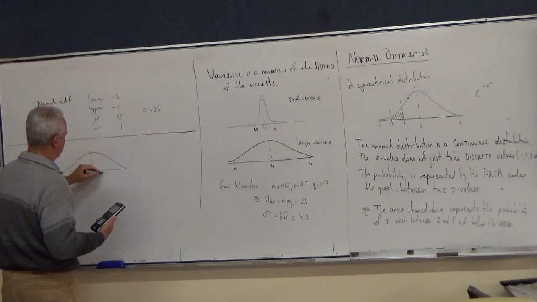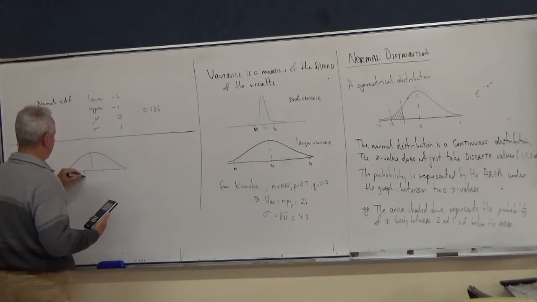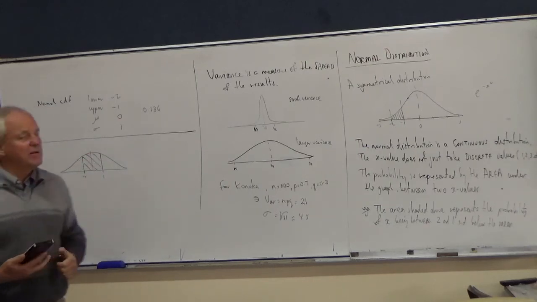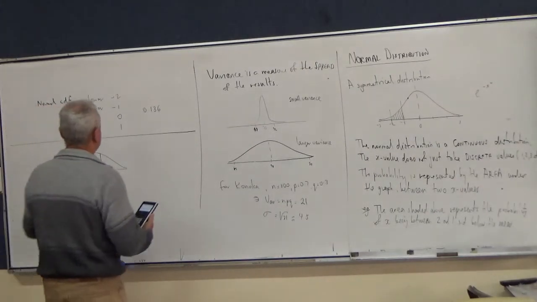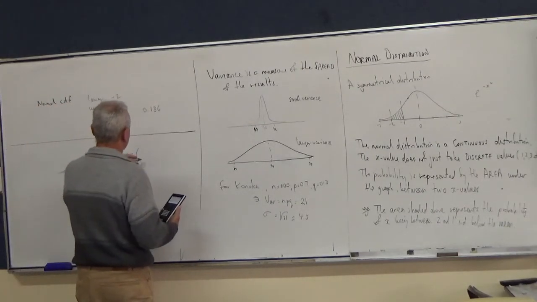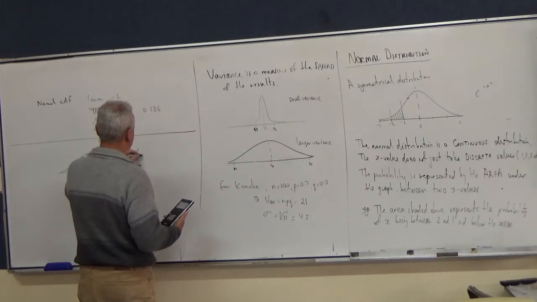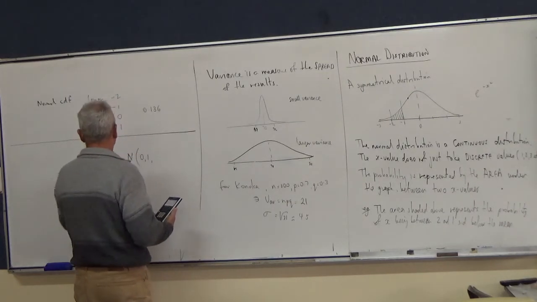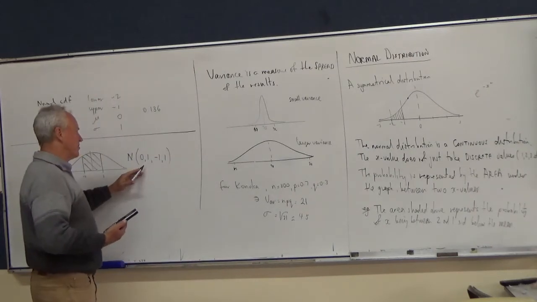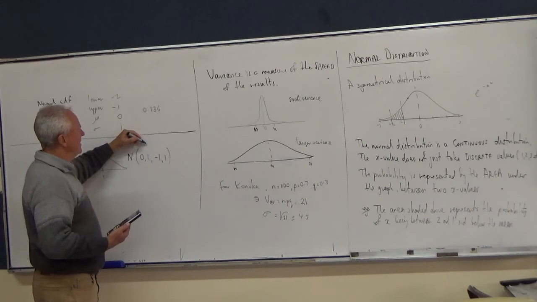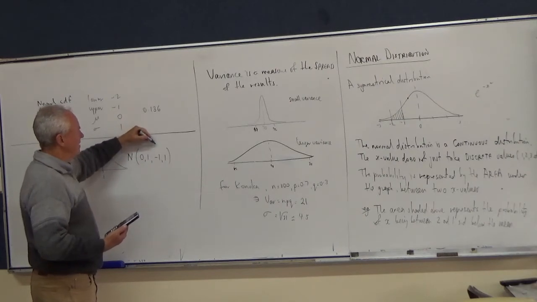You've got a normal distribution. I want to know between -1 and 1. What's the probability that something is within 1 standard deviation of the mean? So this is normal, with an arrow, we show that as 0, 1, and then we want to go from -1 to 1. So that's a normal distribution of mean 0, standard deviation 1, from -1 to 1.